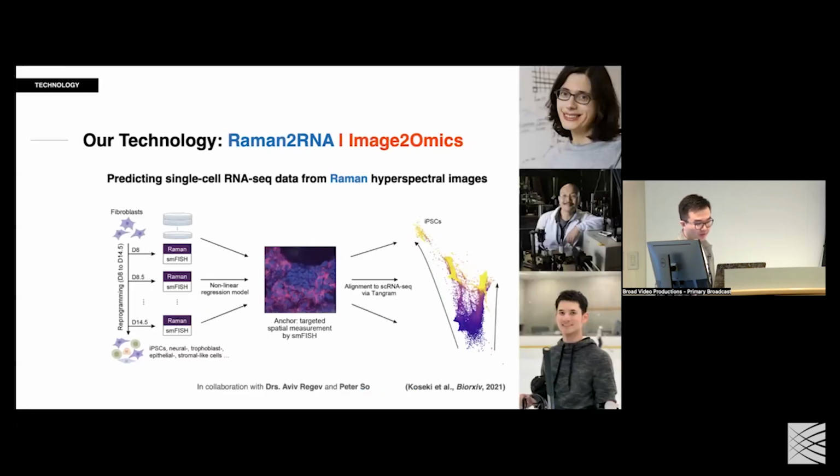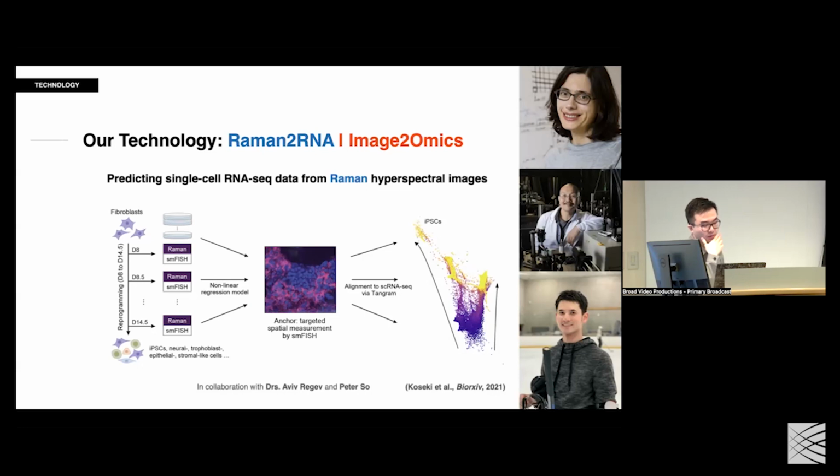The first work was a wonderful collaboration with a former postdoc, Kazuki, in Aviv's lab. When we published the Waddington OT paper, Kazuki had just started at the Broad with Aviv, and we started to chat about whether we could use some of his Raman microscopy images to infer the single-cell RNA-seq data that we generated for the Waddington OT manuscript.